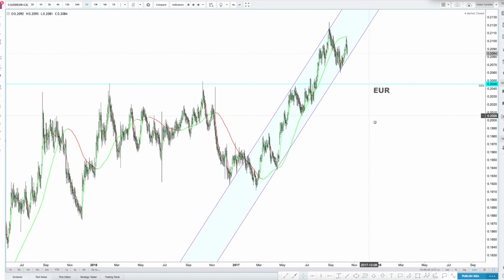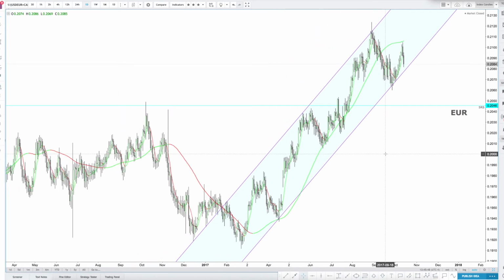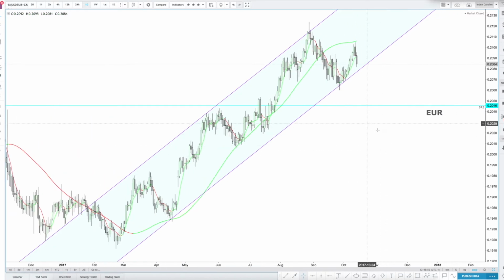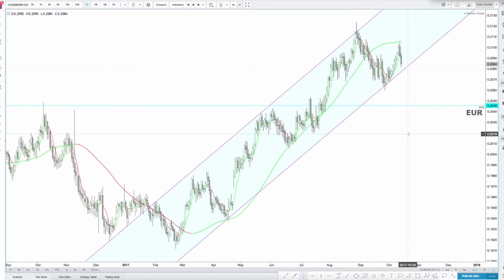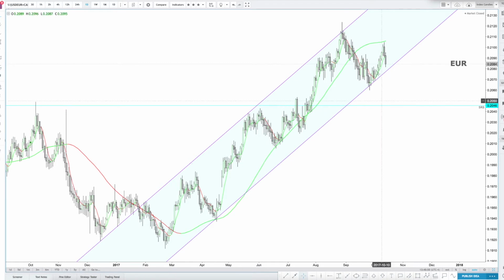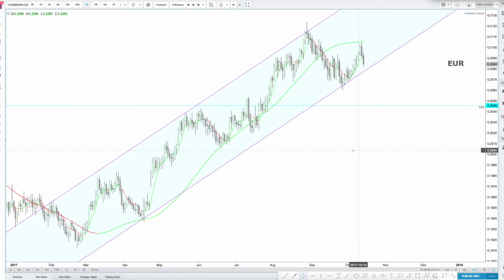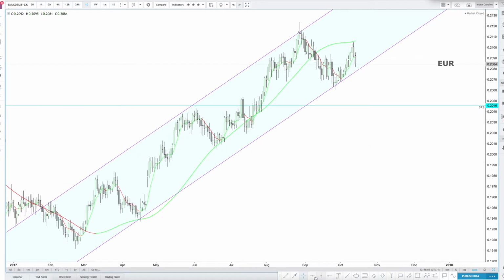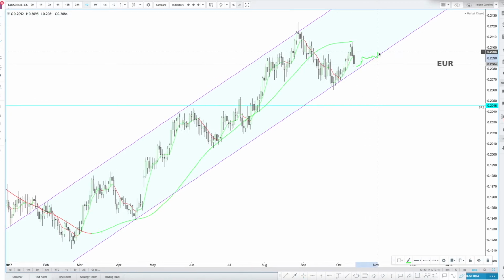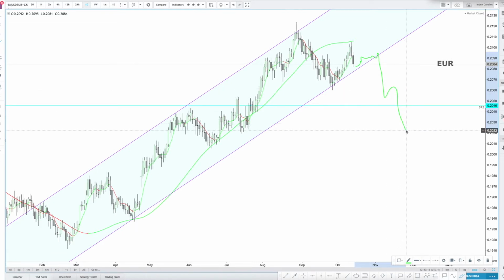So I'm kind of expecting, let's zoom in, kind of expecting a pullback, possibly a breakout of this trend line, because we just made a lower high right here. Anytime I see this type of pattern, what usually ends up happening is we do a lot of this type of thing, and then we break through it, and then go down like this.